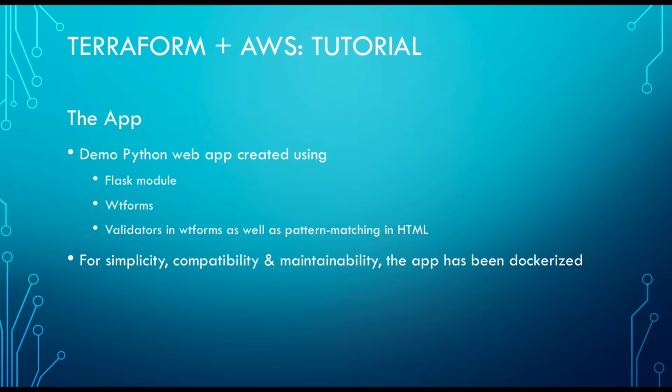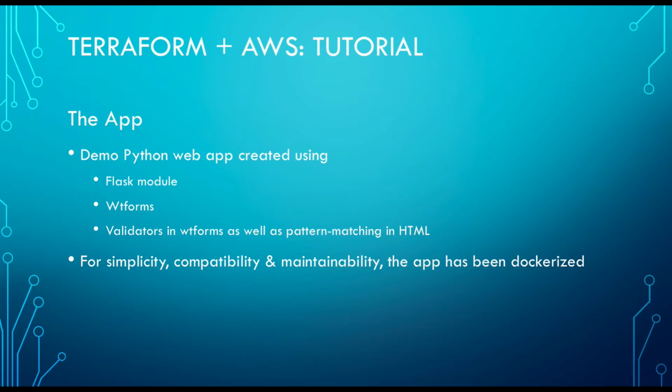We will be using validators in WTForms as well as pattern matching in HTML. Both are done to validate the inputs that we will be providing. And we will be Dockerizing the application, which makes it compatible and maintainable, meaning it can be run independent of the platforms. Let's look at the files and the folder structure for the application now.